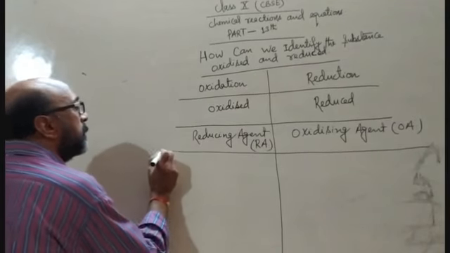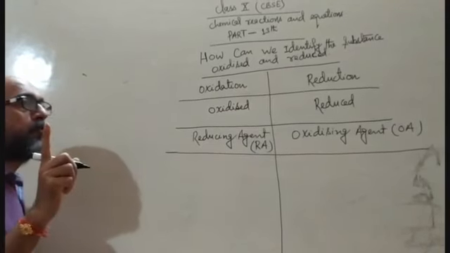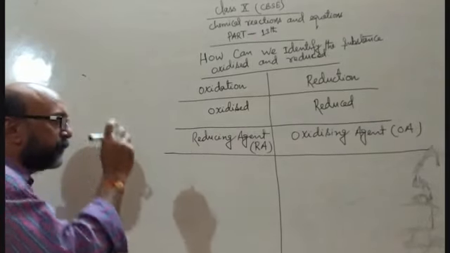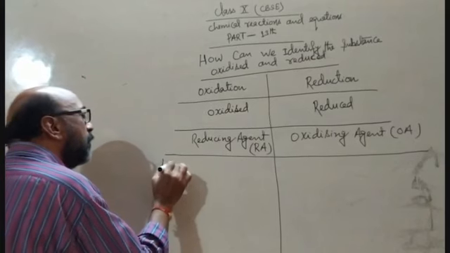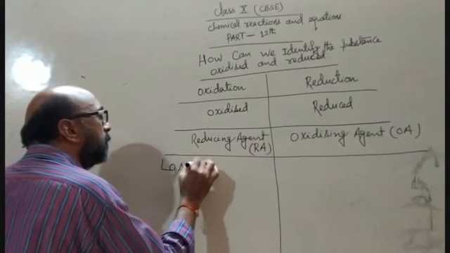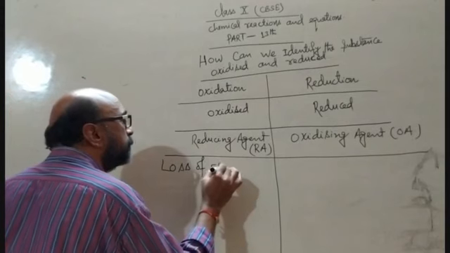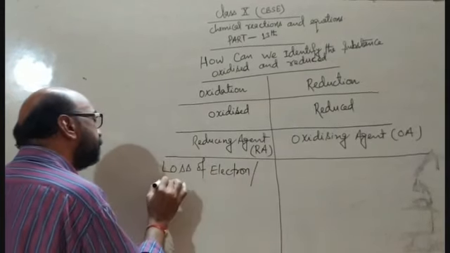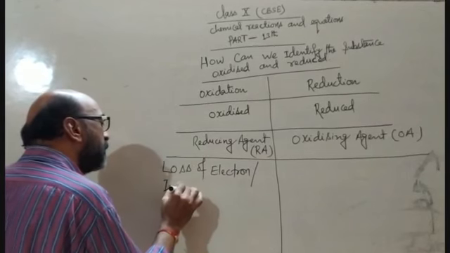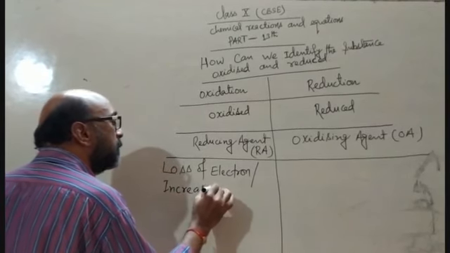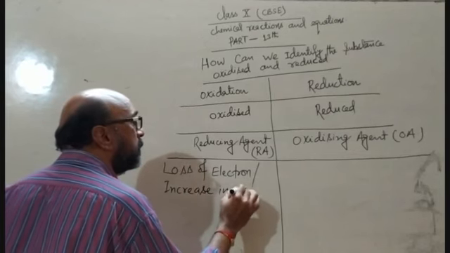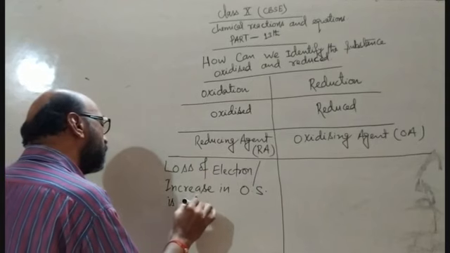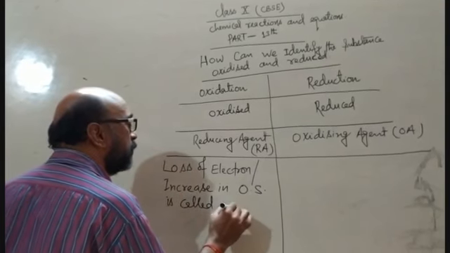Here, we use only the last two parts of our basic definition, that is loss of electron or increase in oxidation state is called oxidation.